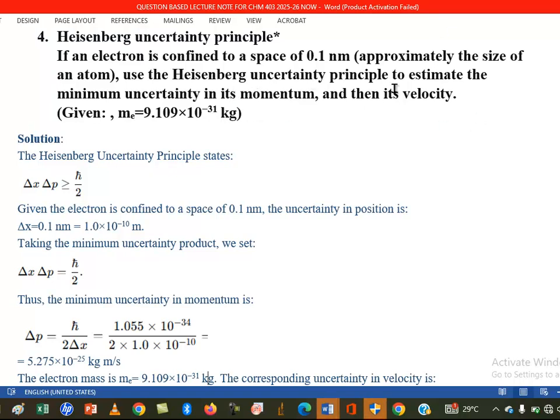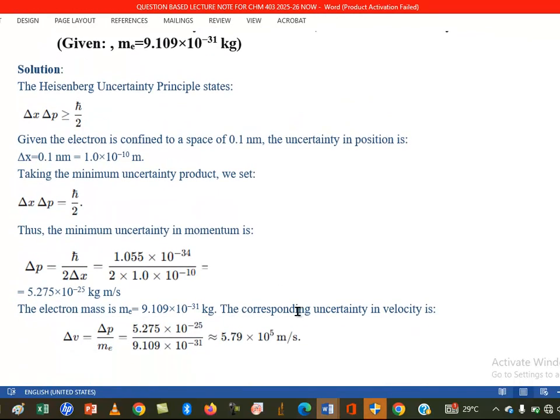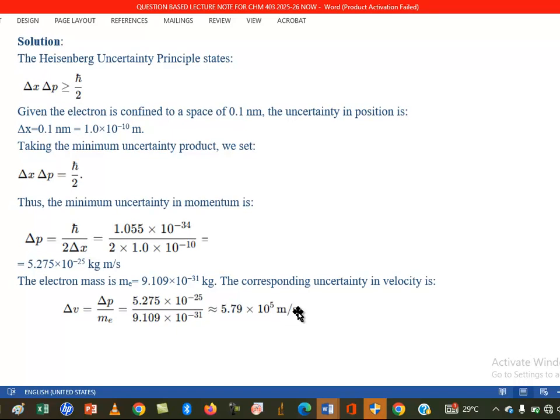Now we are looking at the velocity. So from your basic physics, momentum is equal to what? Mass times velocity. So when you make velocity the subject of the formula, it is going to be delta v is equal to delta p, which is momentum, over the mass of the electron.